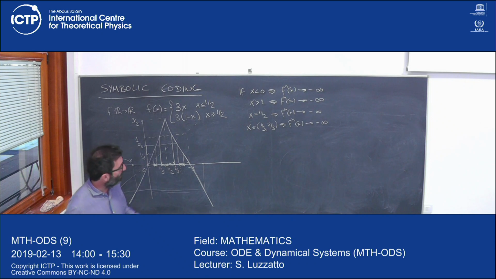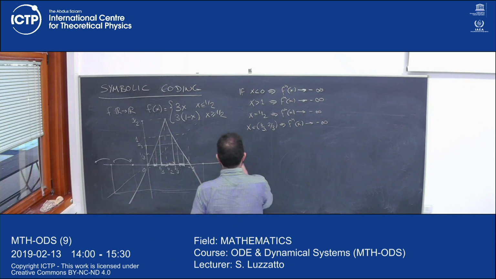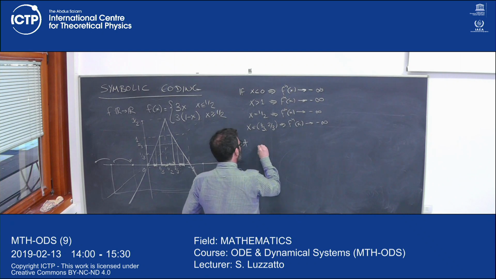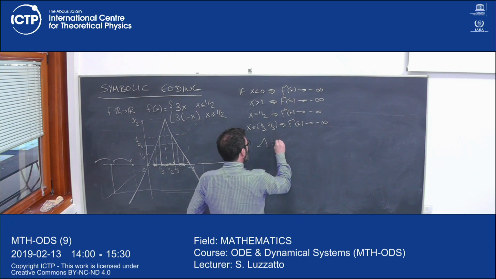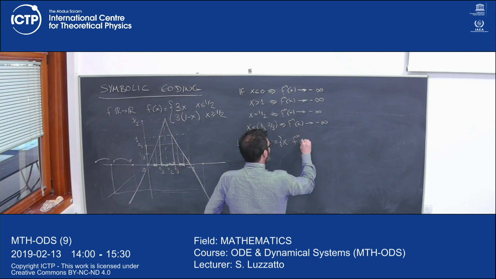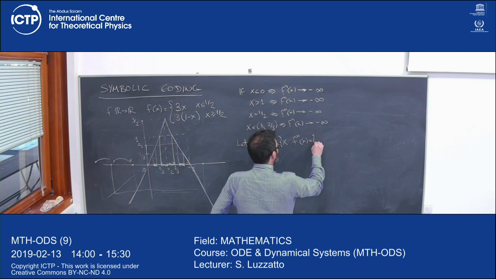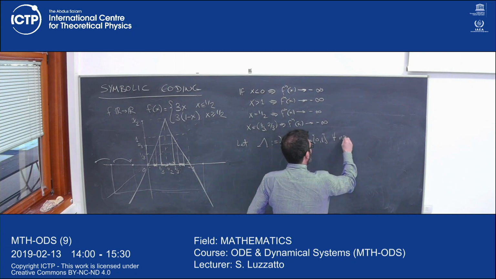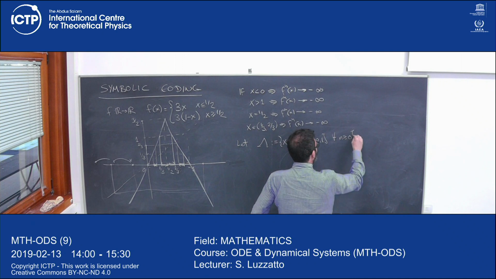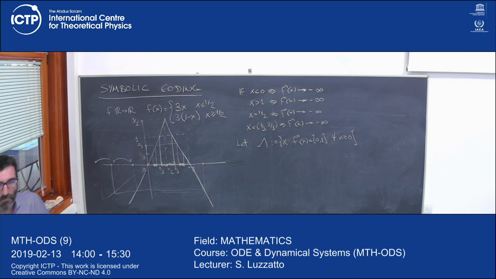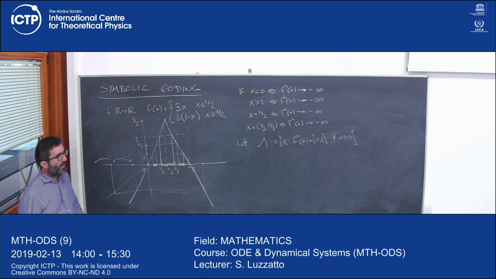So let's define a set Lambda to be the set of points x such that f^n(x) belongs to [0,1] for all n greater than or equal to 0. So this is the set of points that never escape.